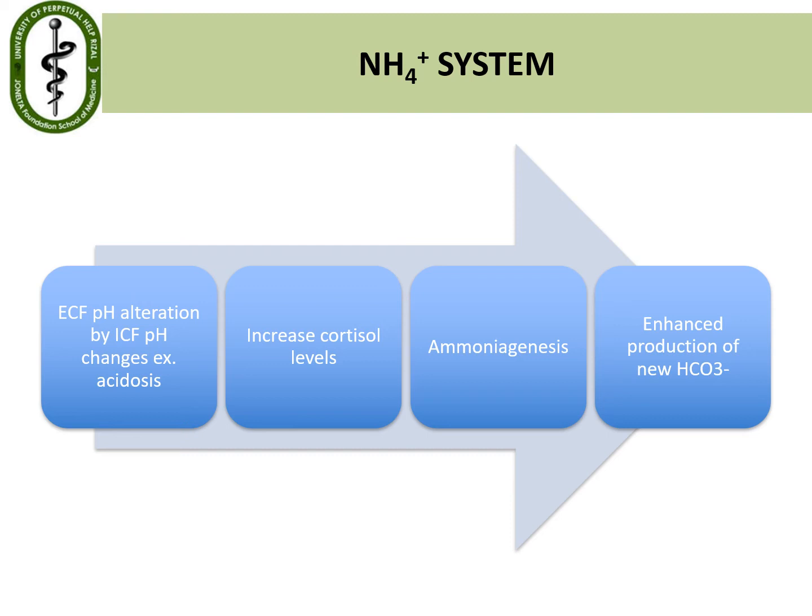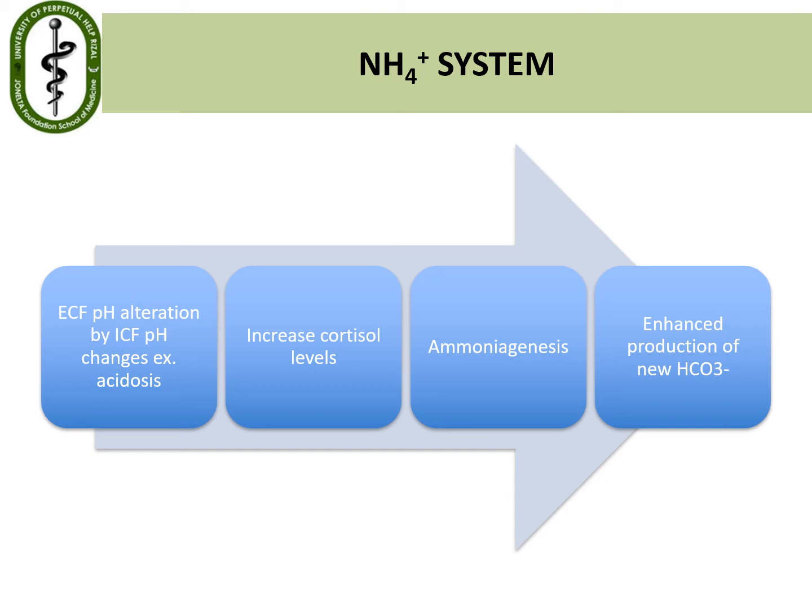In the event of increased levels of cortisol in response to acidosis, this cortisol stimulates ammoniogenesis in the proximal tubules. In the end, there will be increased levels of ammonium produced, secreted, and excreted. Thus, there will be enhanced production of new bicarbonate in the event of acidosis. So that's how the renal ammonium system reacts to acidosis.